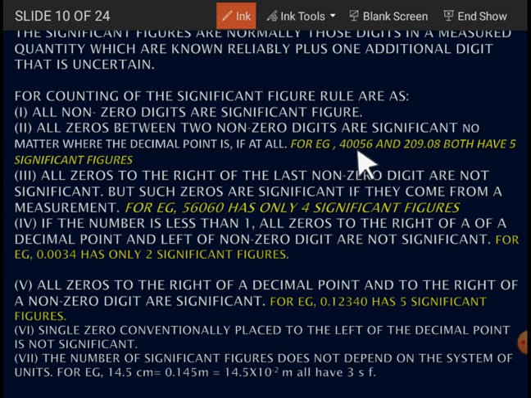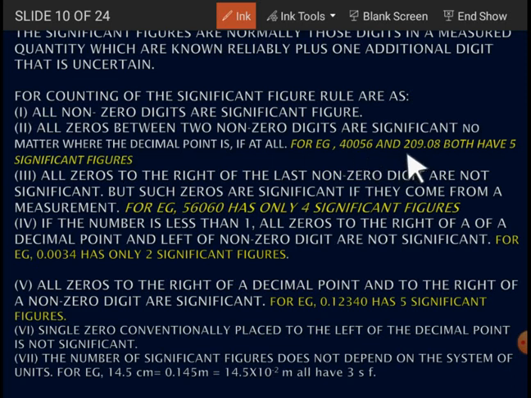There are two zeros here in between two non-zero digits. 4 is non-zero, 5 is non-zero. So in this number, what happened? There are two zeros in between two non-zero digits. So this number will have five significant figures.